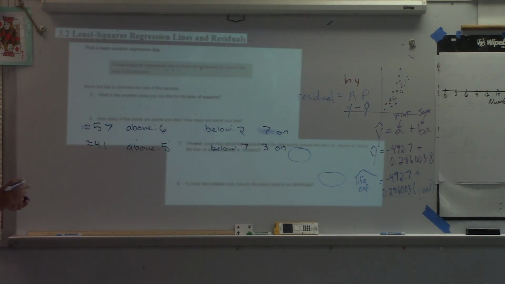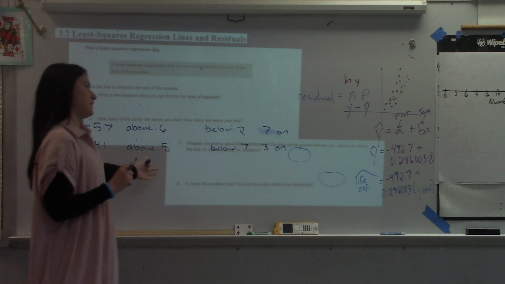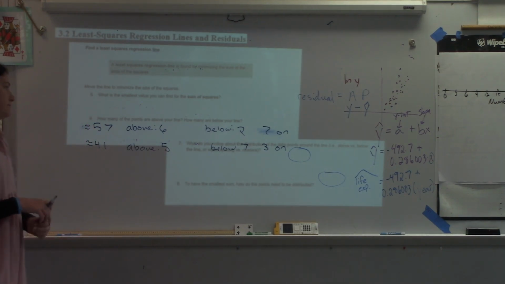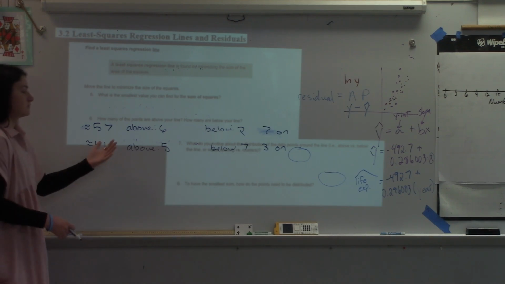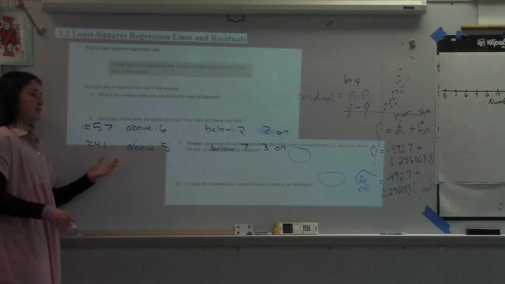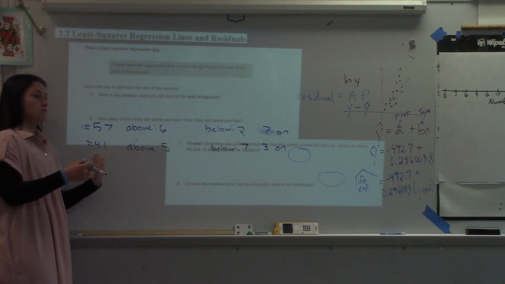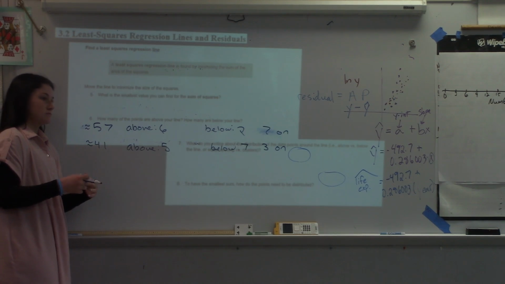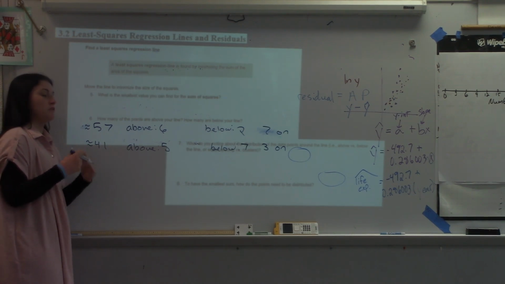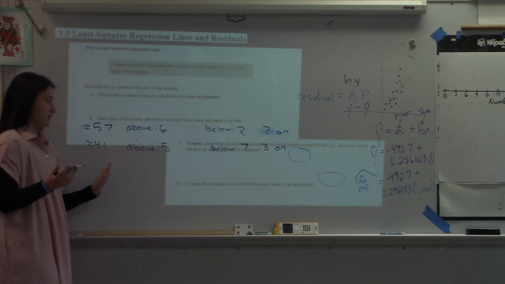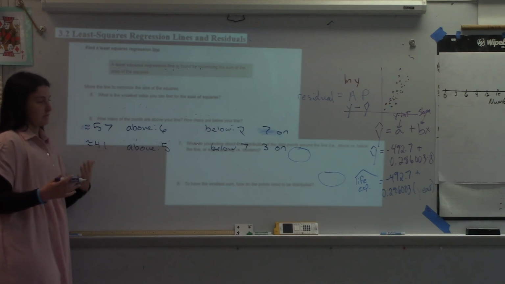Number 7. What do you notice about this distribution of the data points around the line? When our regression line is the least squares regression line, they're equally split. When that value is lower, they're equally split versus higher, it's off balance.